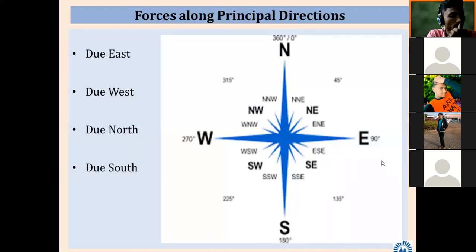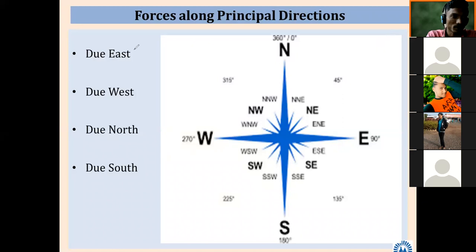Due east means the force is along the positive x-axis. Due west means it is along the negative x-axis. Yesterday I told the meaning of due: due is nothing but towards. This is the first method.